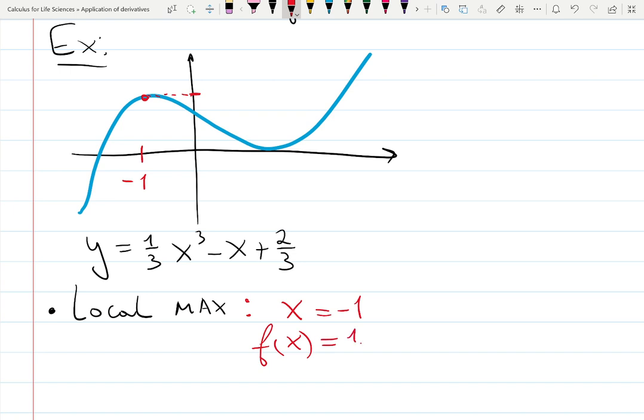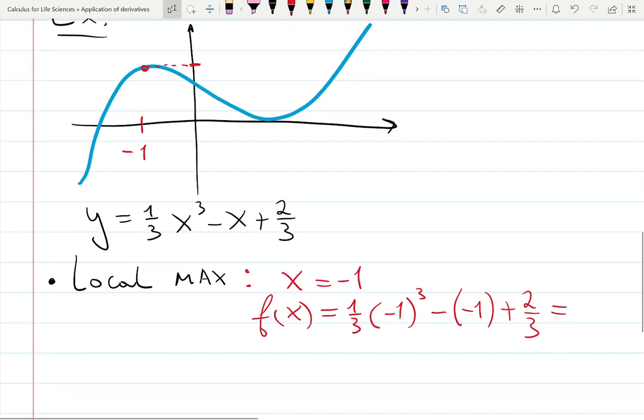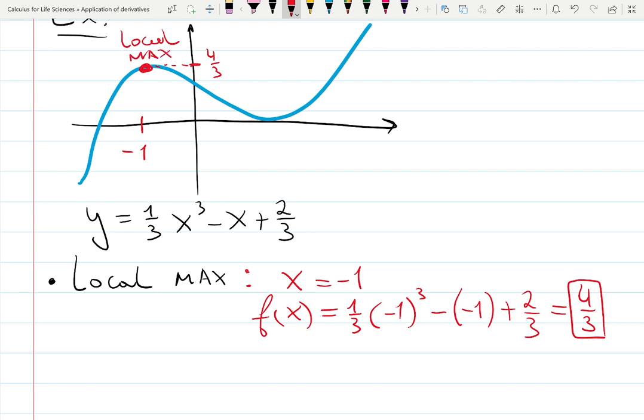So let's figure it out: 1/3 times (-1) cubed minus (-1) plus 2/3 equals, well, I'll wait for you, maybe you know. What do you think? Who's good with fractions? Who got 4/3? 4/3. This is the local maximum, relative maximum.